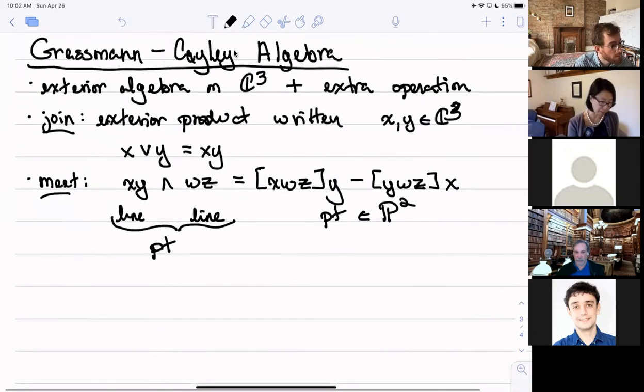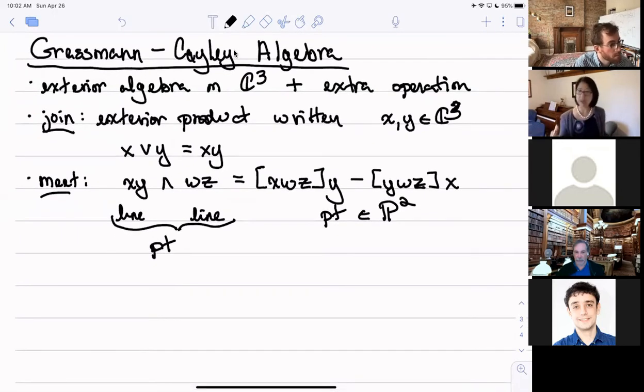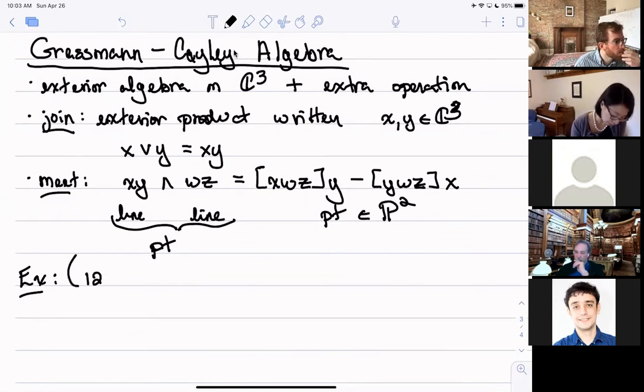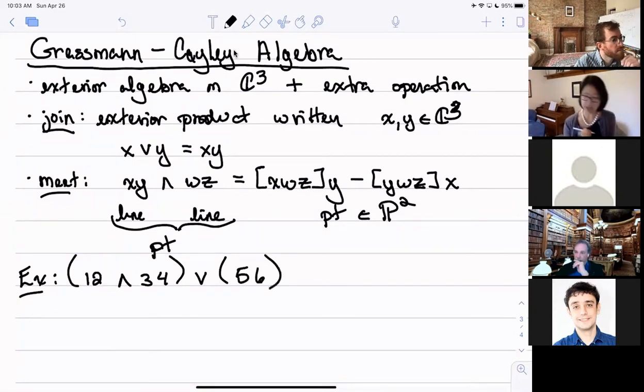Okay. So now that we know how to do this meeting, let's make a computation. Let's do an example. Let's compute the following Grassmann-Cayley algebra expression. Let's look at 1, 2 meet 3, 4, joined with 5, 6.